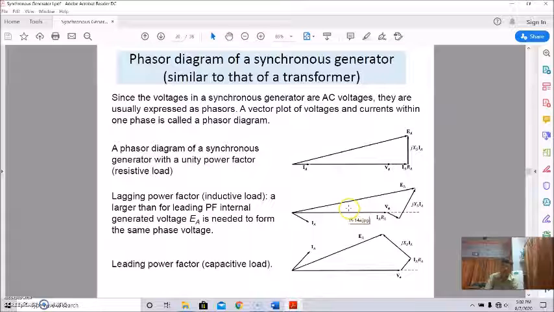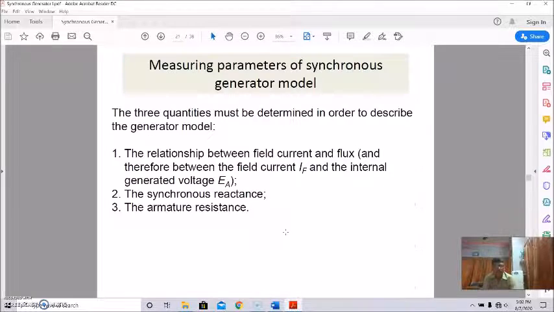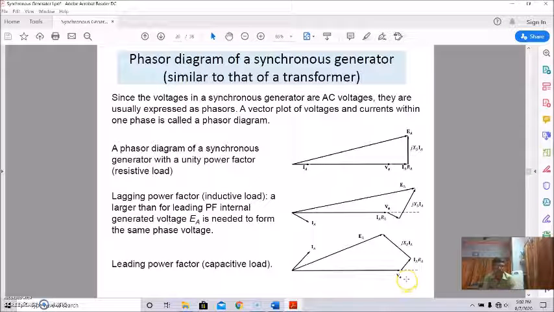So a larger internal generated EMF than for a leading power factor is needed to form the same phase voltage. So for leading power factor or capacitive load, say this is the phase voltage, this is the leading armature current.